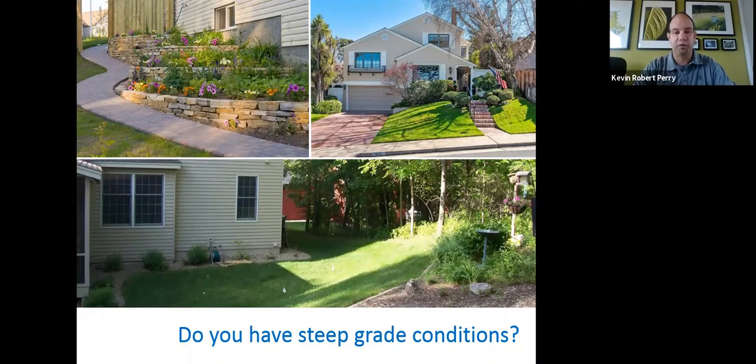Steep grade conditions are not uncommon in the Bay Area, sometimes even more common than in the flat areas, but special considerations need to be taken into account when locating your rain garden where you have steeper grade.